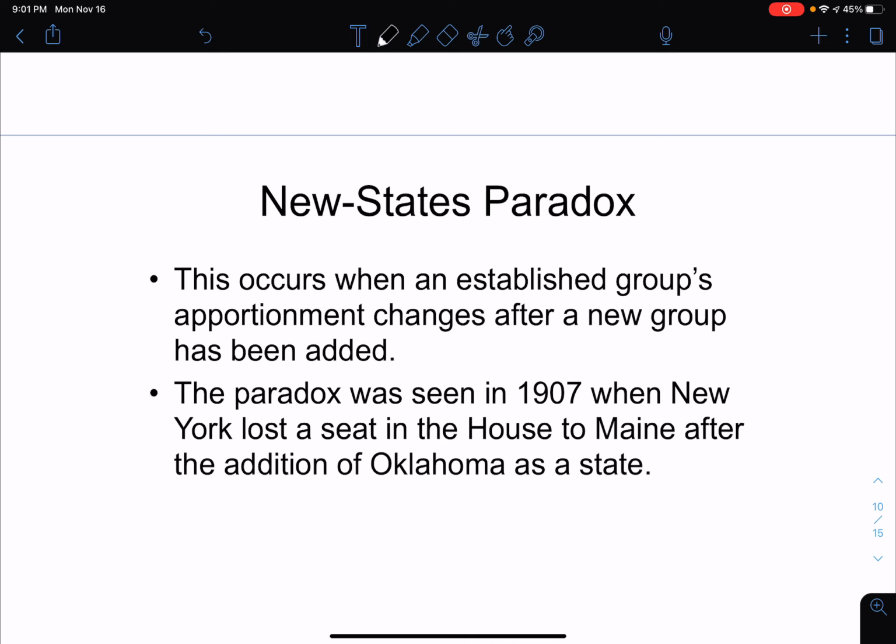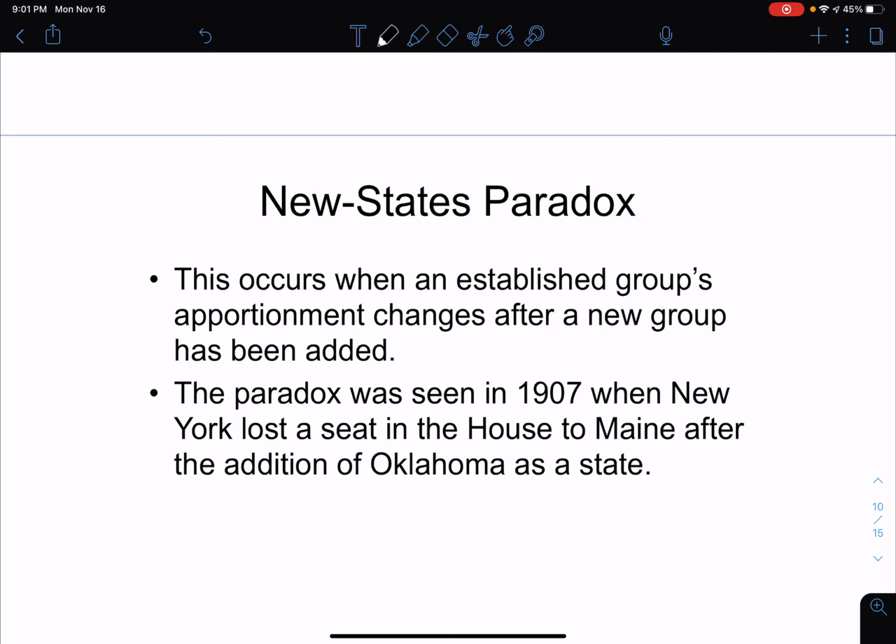So they do. And Oklahoma does get extras. But somehow in the math, not only does Oklahoma get those extras we just added for them, but somehow one of New York's seats ends up in Maine. It's like, what? New York and Maine should have just been left alone, and Oklahoma should have just gotten those extra seats that just got added for their benefit because they're new. So this is called the new states paradox. It's pretty wild, isn't it?